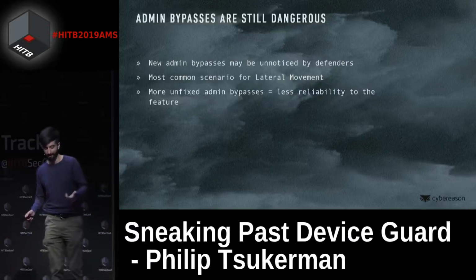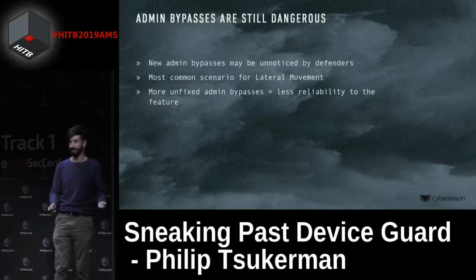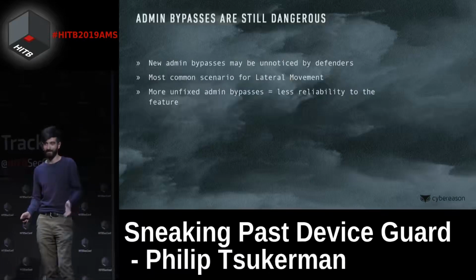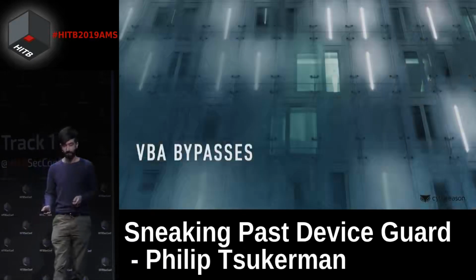So if you're a benign user running as admin, you won't be able to run whatever you want, and you will be very frustrated. And if you're a malefactor, you will be able to bypass it, which makes it just a really annoying feature as an admin. All right, so let's jump into a couple of actual bypasses.